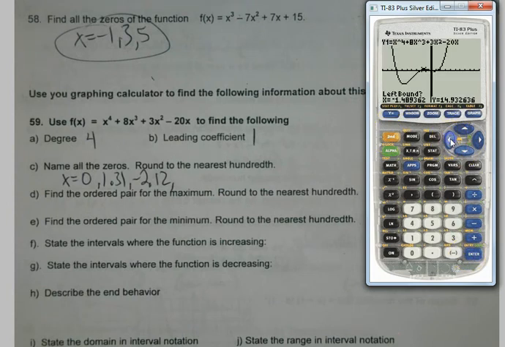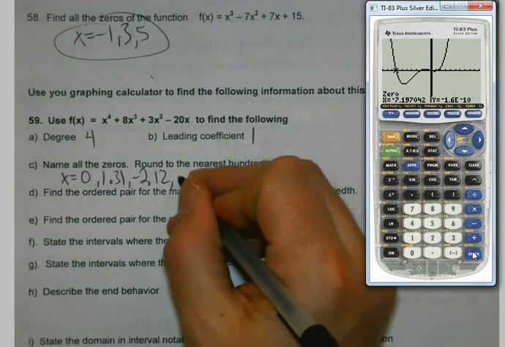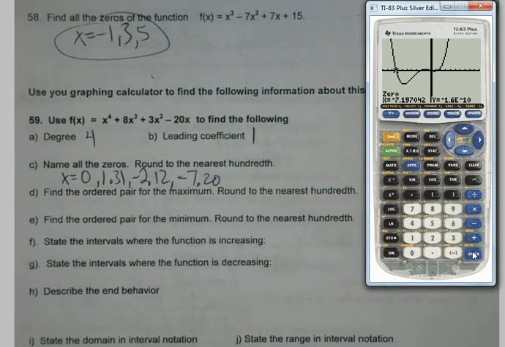Here we go. Left bound this time, notice, is going to be above the line. So that's to the left of my 0. Right bound, anywhere to the right of it. -7.20. Because remember, E just means fancy way for 0. There's my 4 zeros. I'm done with that part.